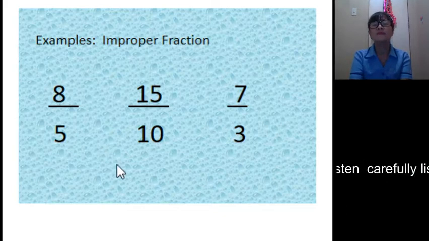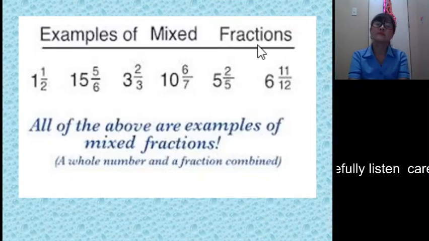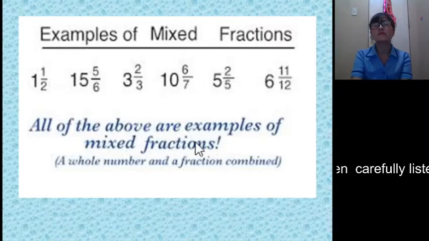Okay, did you get it? So another one is mixed fraction. All of the above are examples of mixed fraction. It means that a mixed fraction has a whole number and a fractional part.